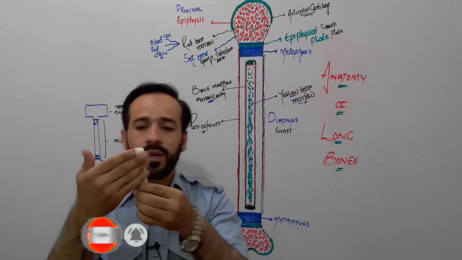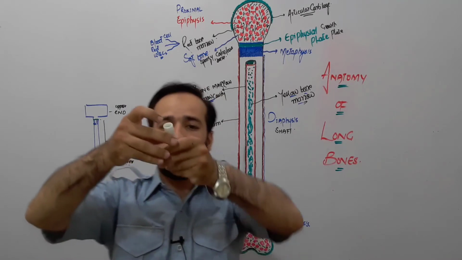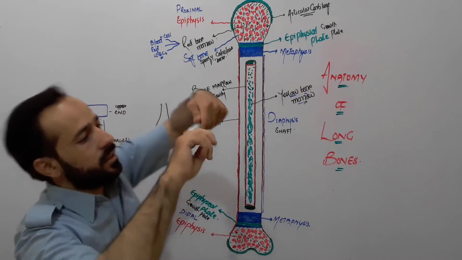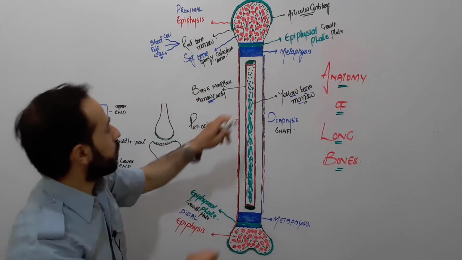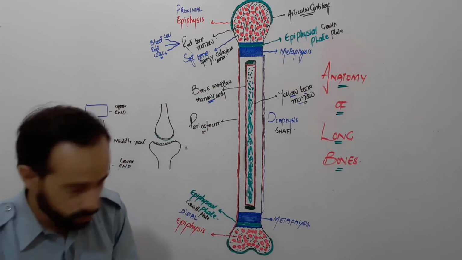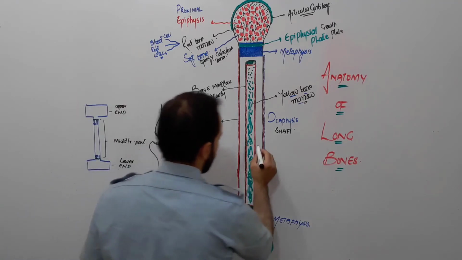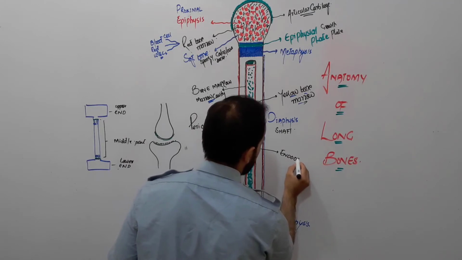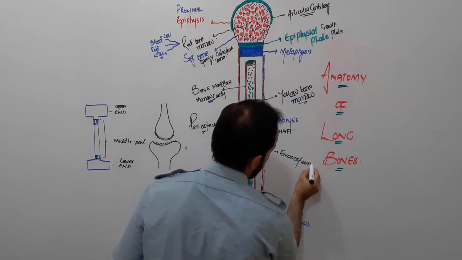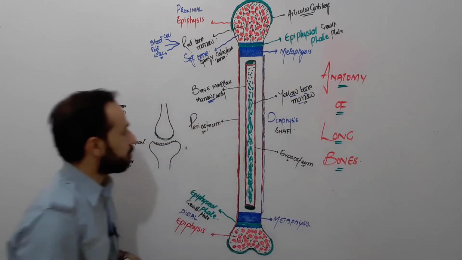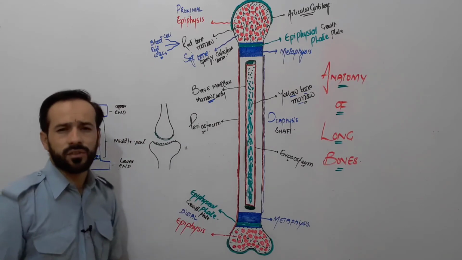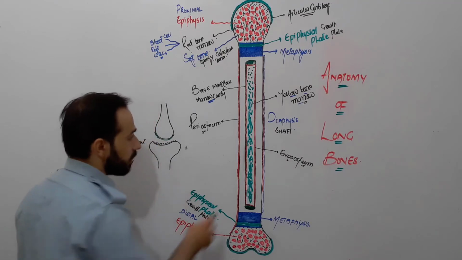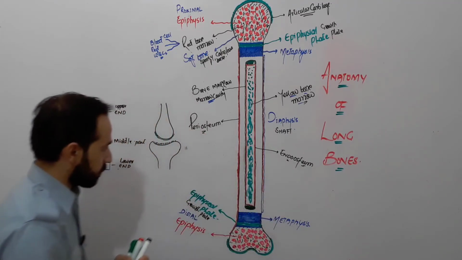If this is the bone, around it there is periosteum, and if you look inside, right here around these walls, there will be your endosteum. So I hope you understand me, right friends? This is your endosteum, and endosteum is also a protective membrane which contains lots of osteoblast cells embedded in this membrane, right? So this is endosteum and periosteum.